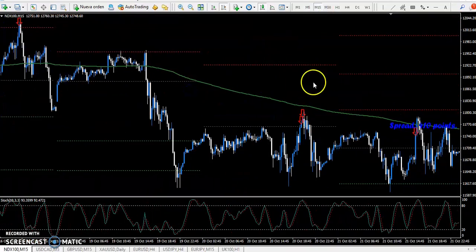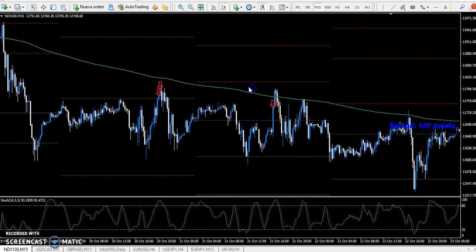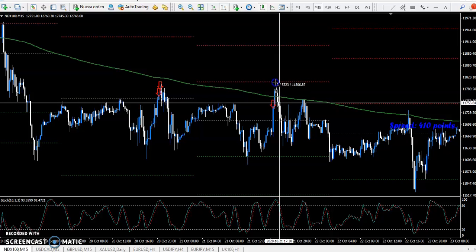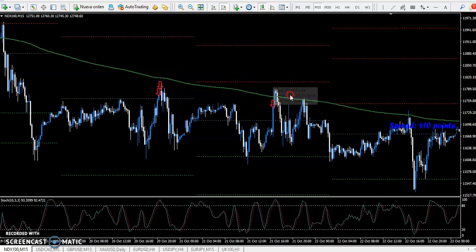So the way this strategy works is, if we are downtrending on the 4-hour chart, then we're going to be looking for sell positions. After waiting for a signal from the Elder algorithm, we'll wait for the stochastic oscillator to pass back below 80, and that's going to confirm our entry. So we'd enter this position here, somewhere around there, and then we'd look to set our stop loss either at a recent high or using the daily pivot points.